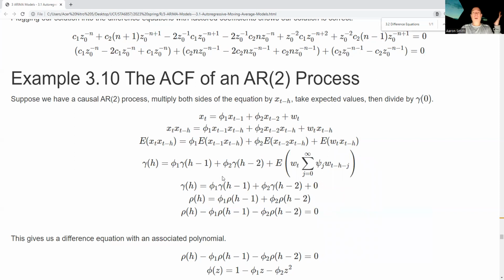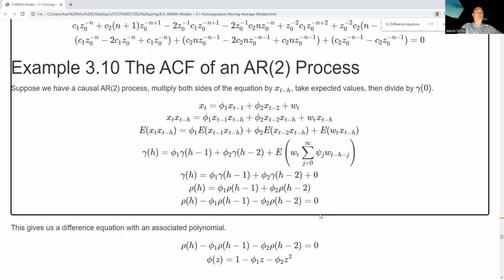Now, I'm going to divide by the autocovariance at 0 to give me the autocorrelation. And so then, boom, now I have a difference equation for the autocorrelation function.